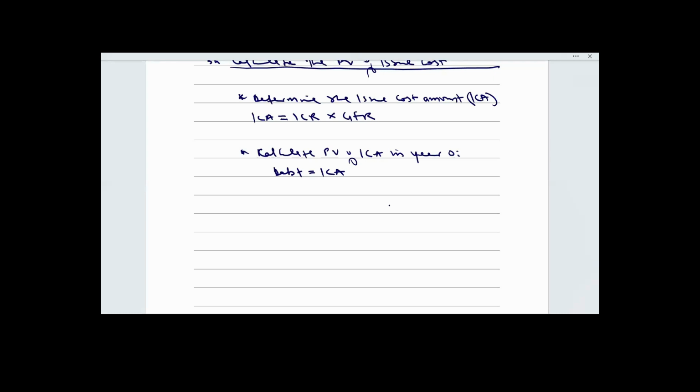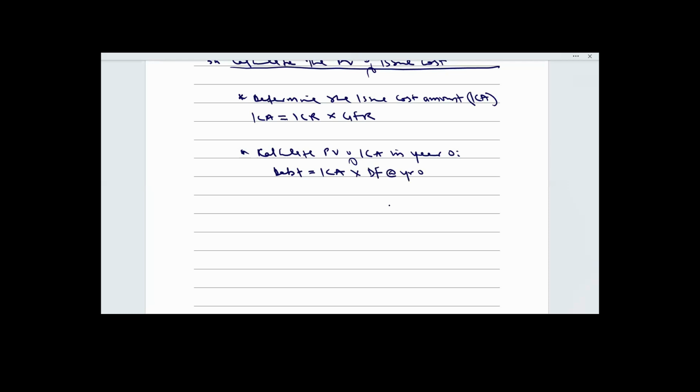So then you multiply the issue cost amount on debt by the issue cost rates. Then I multiply by the discount factor at year 0.